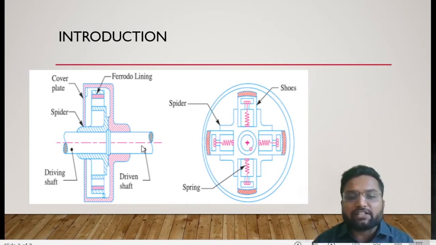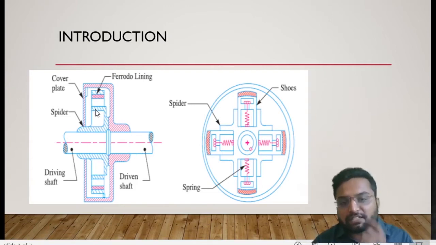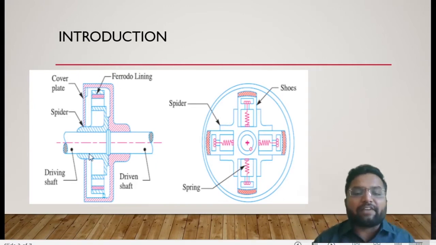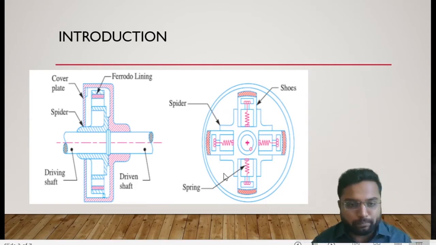Let's have this arrangement. Here, this is the driving shaft. This is connected to our driven shaft. The driving shaft is connected to our spring loaded mass, and the driven shaft is connected to the outer hub. So when the driving shaft generates that amount of outward force, or you can say centrifugal force, it tends to move these masses away from the center, and while moving, it will come into contact with the shoe.